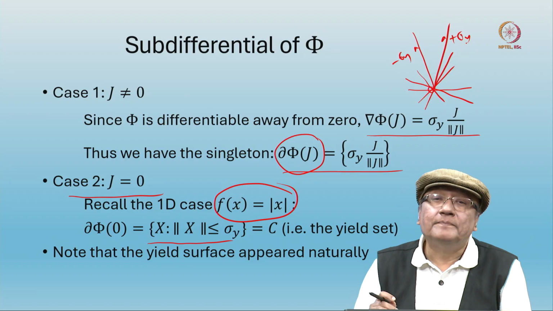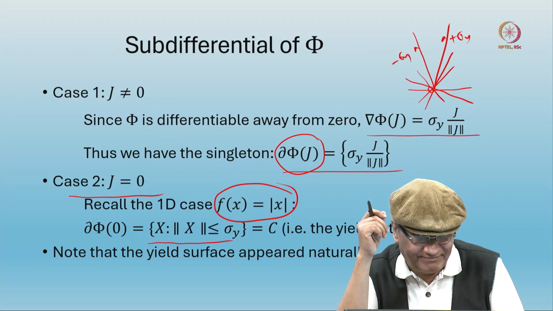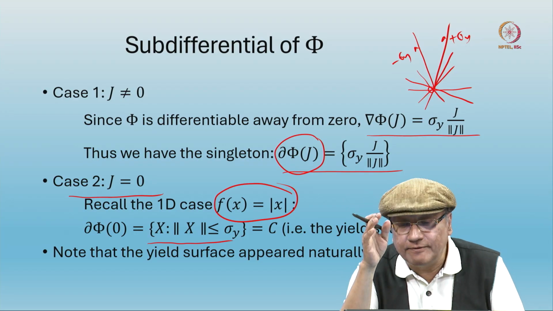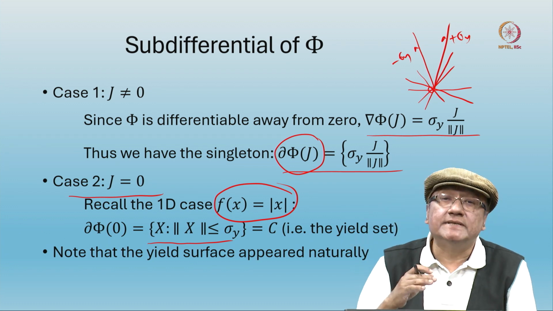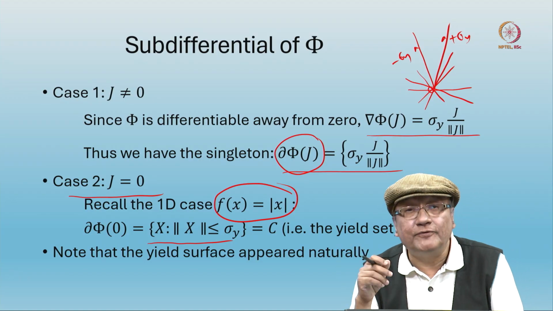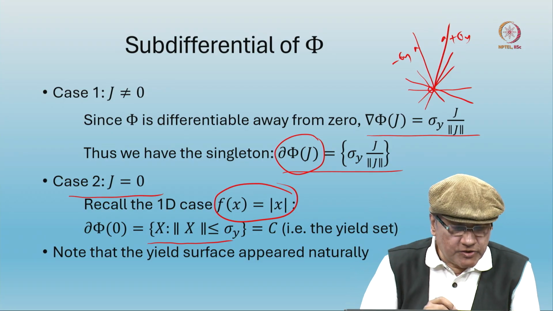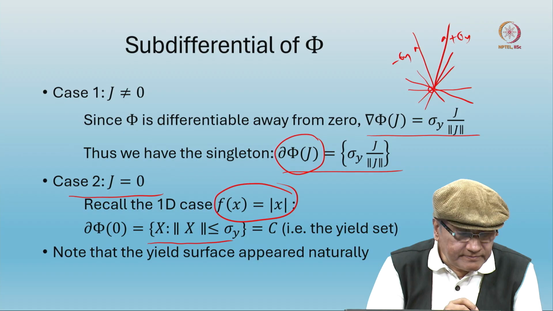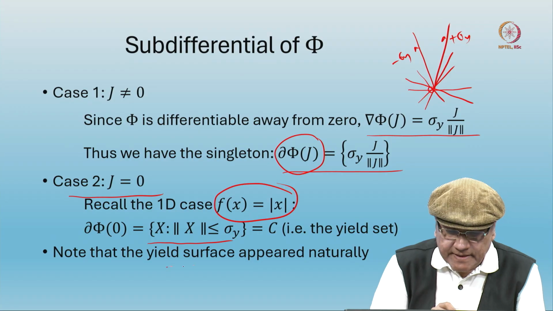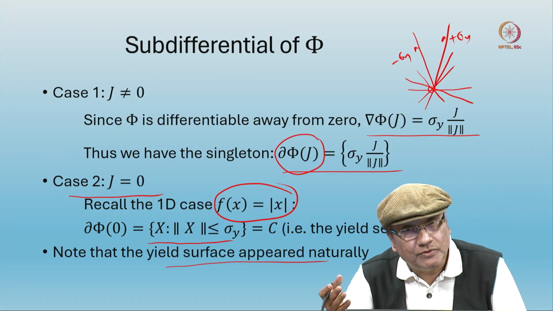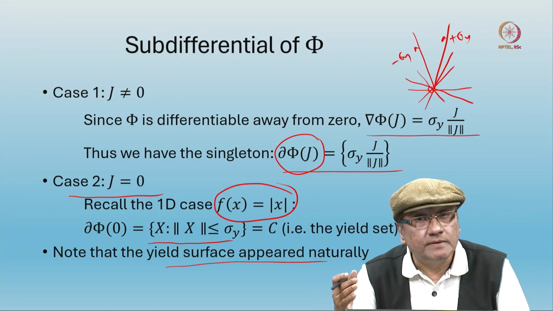In between, everything is a valid possible stress for which no plastic flow occurs until we go to the boundary, where there is a discontinuity in phi star and therefore a sudden change in the subdifferential. So this is how the yield set appears naturally here. What is the yield set? The set of all stresses whose norm is less than or equal to sigma y.